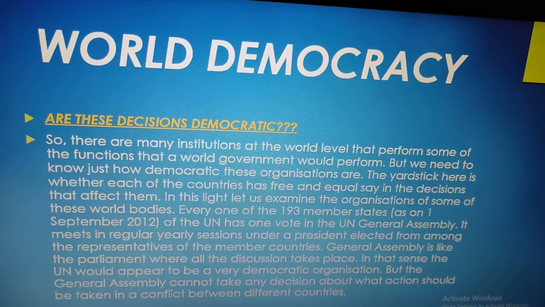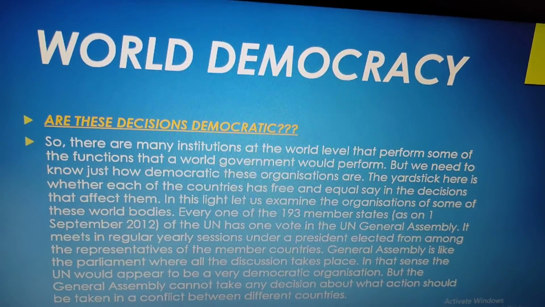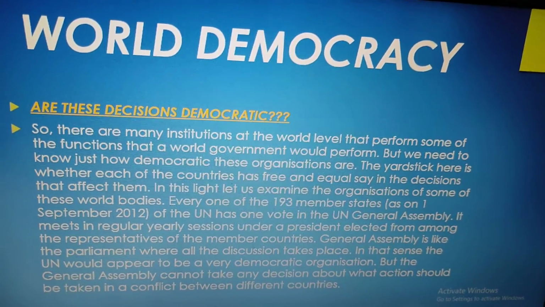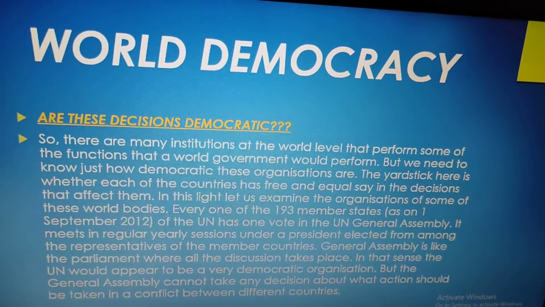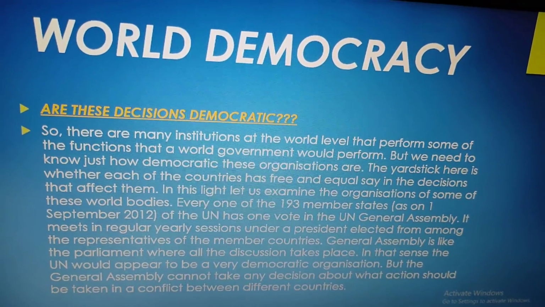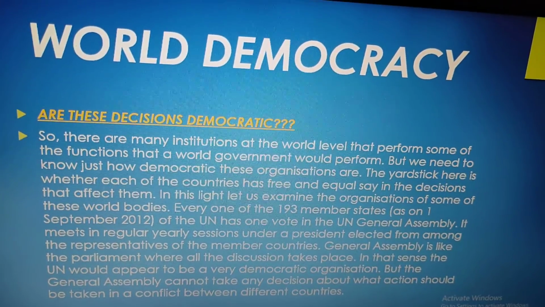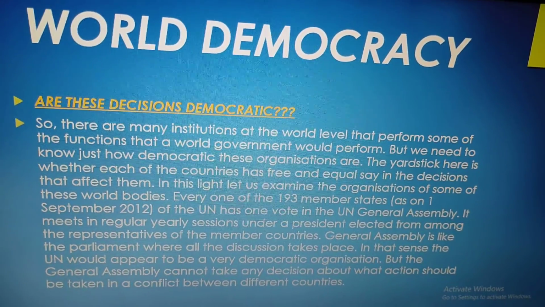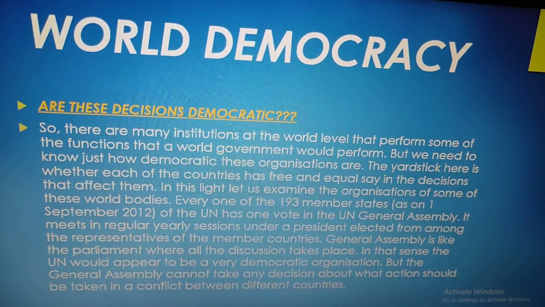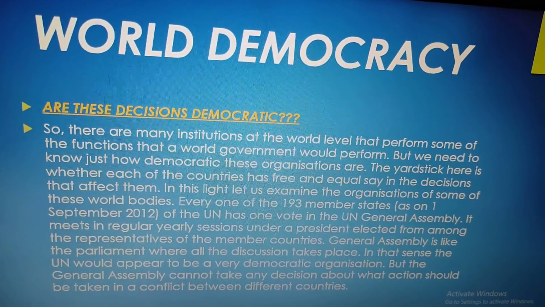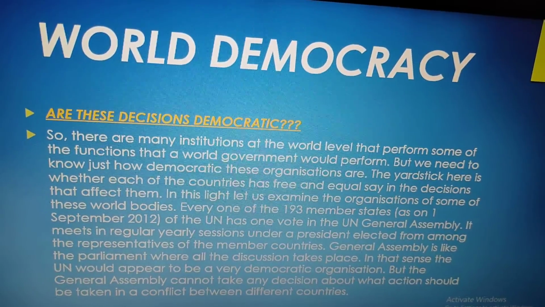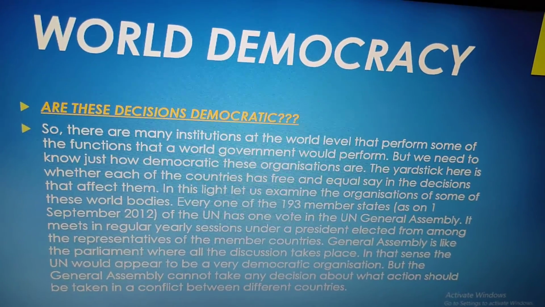Every one of the 193 member states, as on 1 September 2012, is a member of the United Nations and has one vote in the UN General Assembly. It meets in regular yearly sessions under a president elected from among the representatives of the member countries. The General Assembly is like the parliament where all the discussions take place.